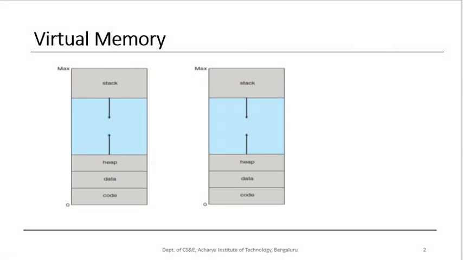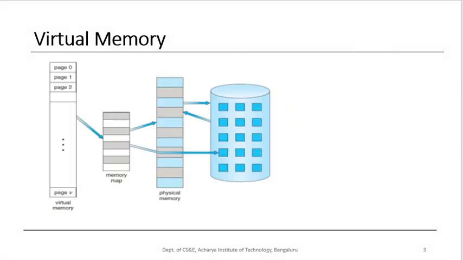Let me clear this and take this diagram and explain it. If you see the logical address space of the process, you will see consecutive pages.